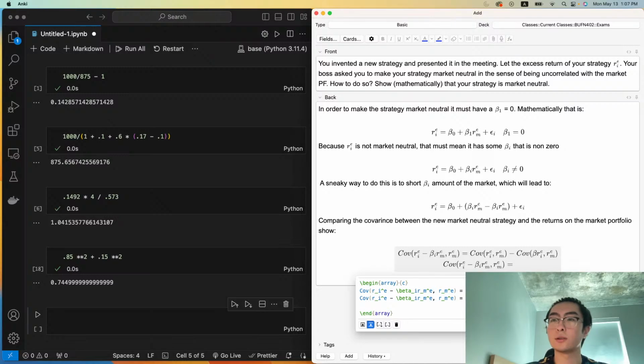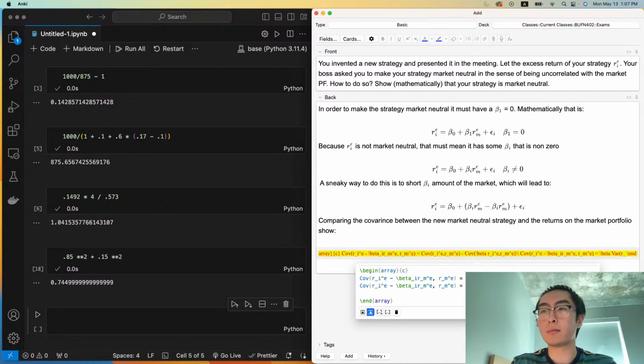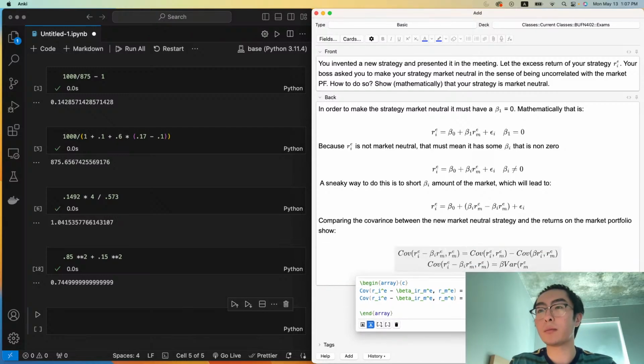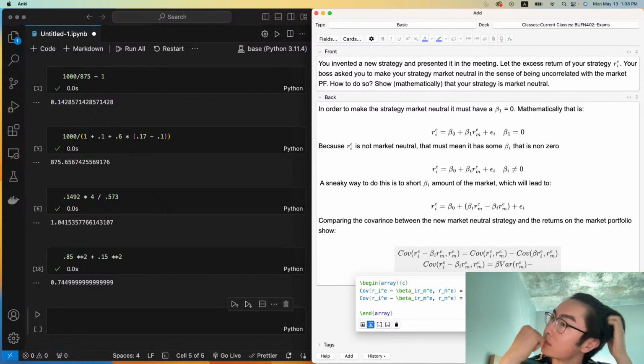So this is also the exact same thing as beta times the variance of the market portfolio's excess returns.